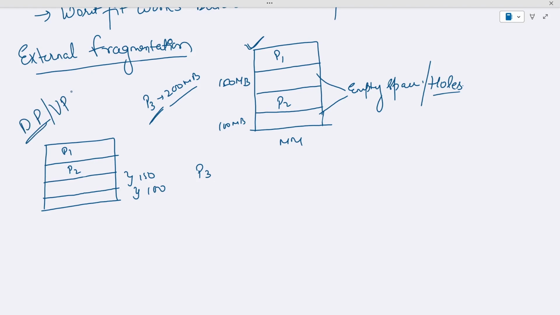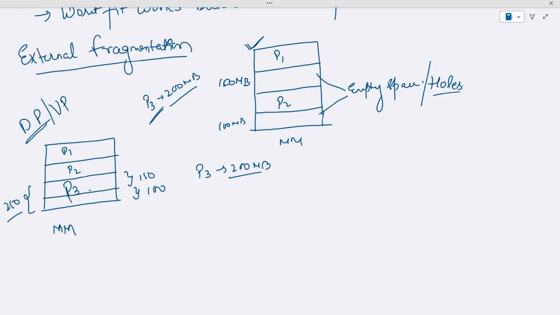We can give a process whatever memory it needs if main memory has that much space. P3 needs 200 MB, and the collection of these blocks is 250 MB. So now P3 gets the space in main memory.